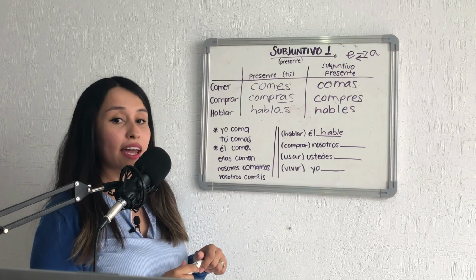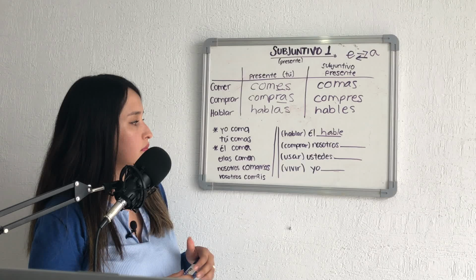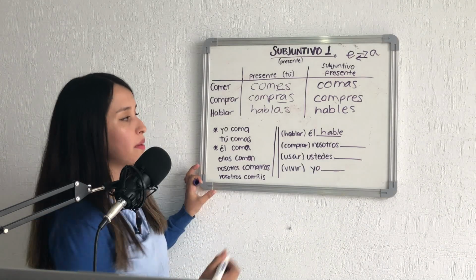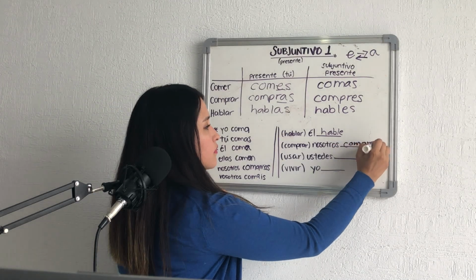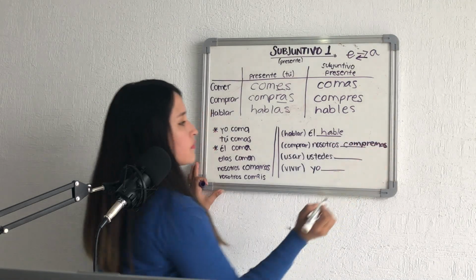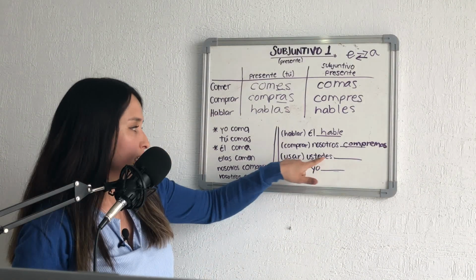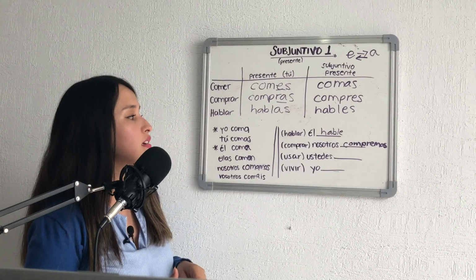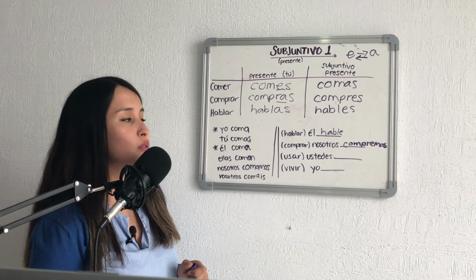And then for comprar with nosotros, okay, so that is compremos. Usar for ustedes, which actually ustedes is in the same category as ellas, so they are conjugated the same way. The answer is usen.